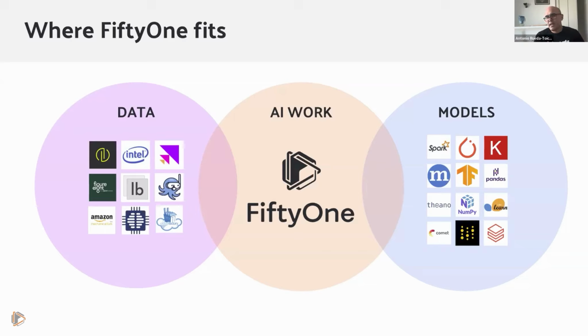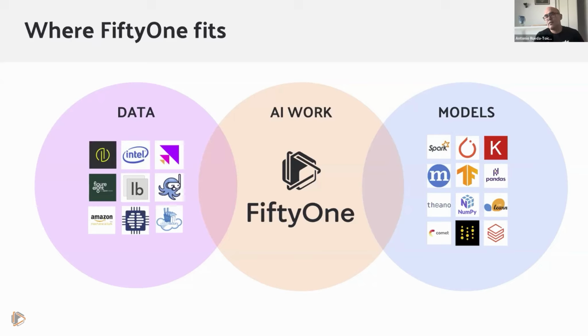It's a native Python library, so you're going to be able to use it as naturally as if you were using scikit-learn or any library that is purely written in Python. And it has very nice integrations, especially on the enterprise side with the clouds.